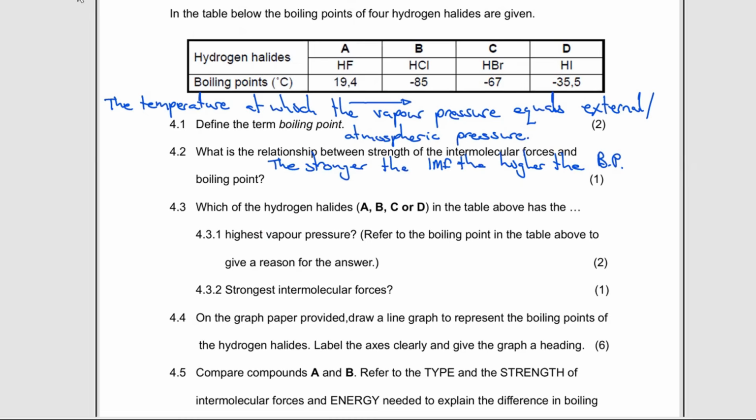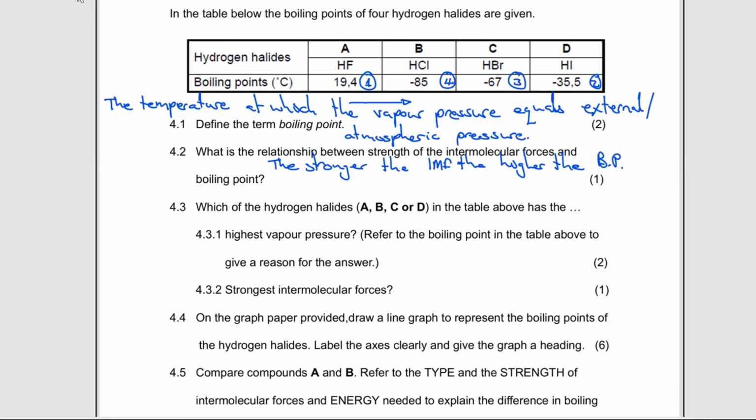The one with the highest boiling point is this one, followed by this one, which is 2. Then after that, negative 67 is going to be 3. Then 85 is going to be 4, right?